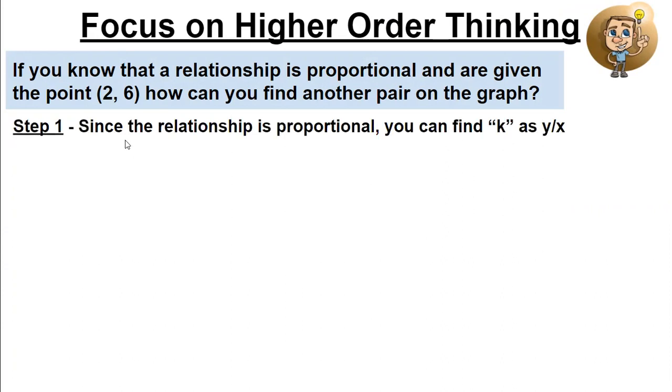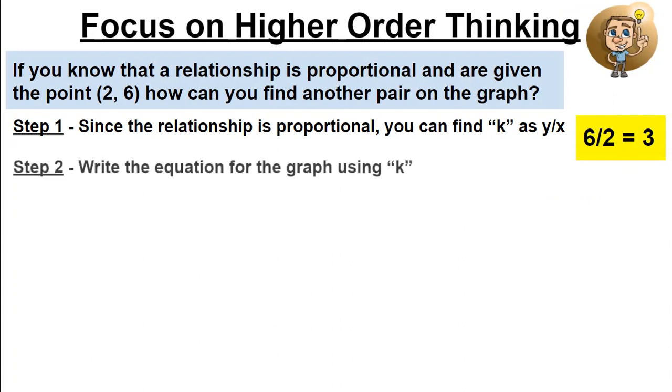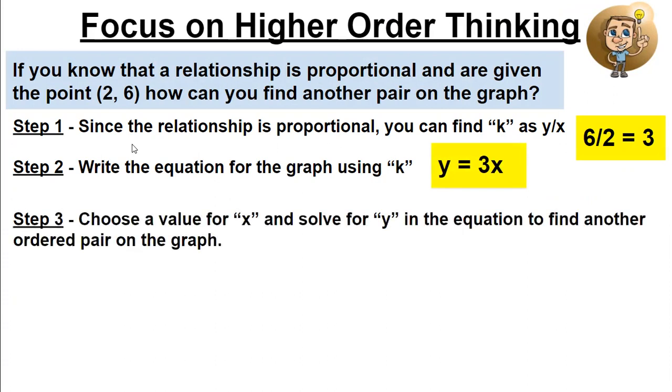Since you know the relationship is proportional, you can find k as y divided by x. So 6 divided by 2, that's the point we're given, is equal to 3. So write the equation for the graph using k. Y equals 3x. Now we can choose a value for x. We can pick whatever number we want to use.